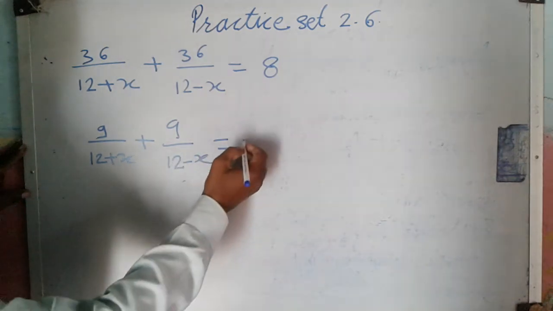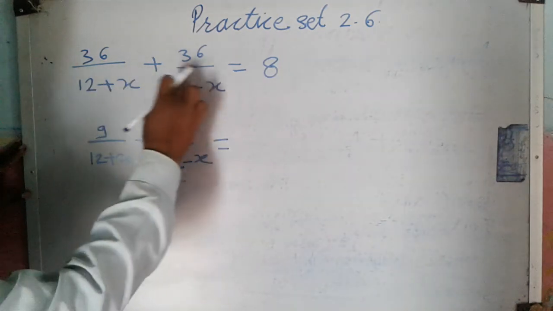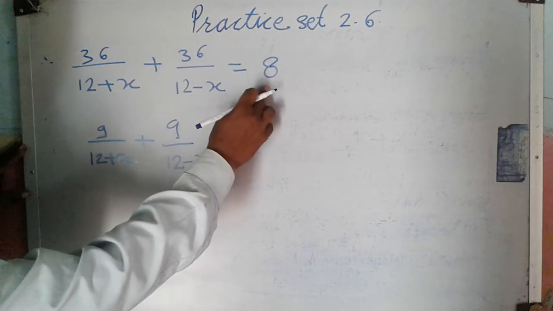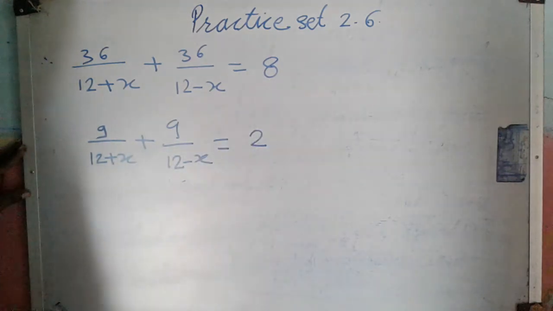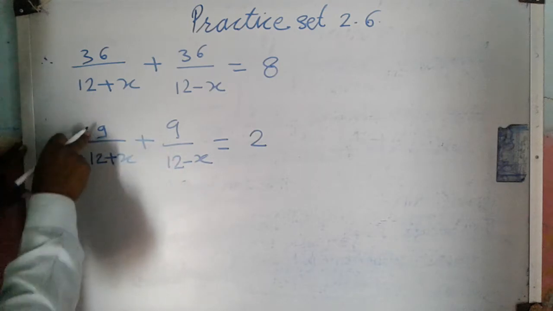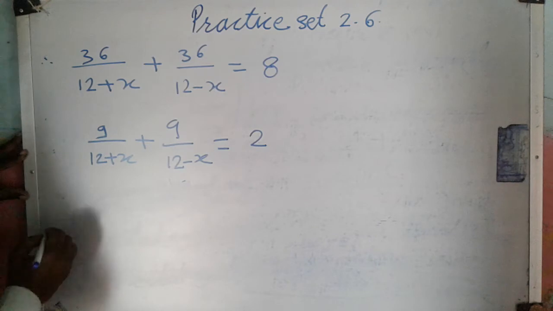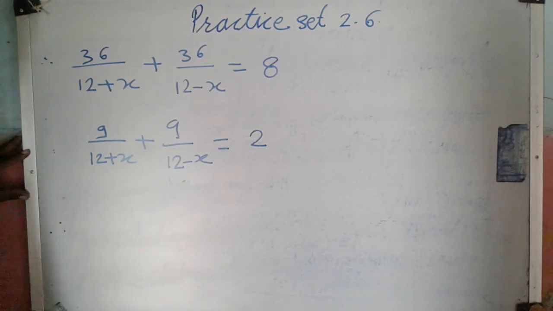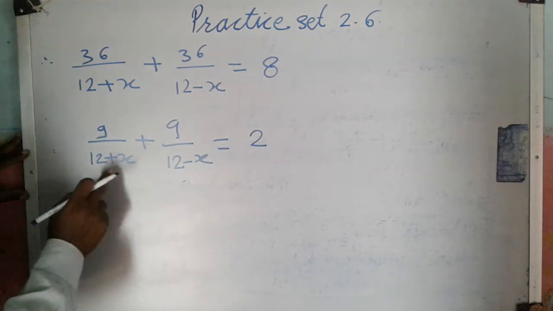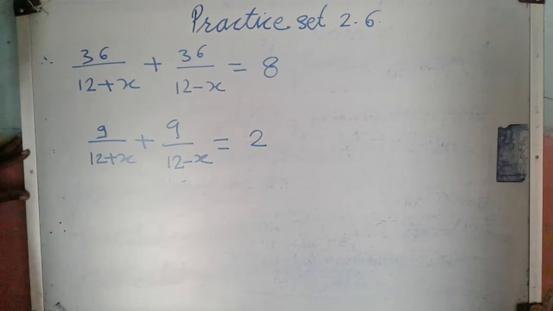is equal to, after dividing by 4, here we get 2. 4 twos are 8, 4 nines are 36. Now first we will make the denominators equal.